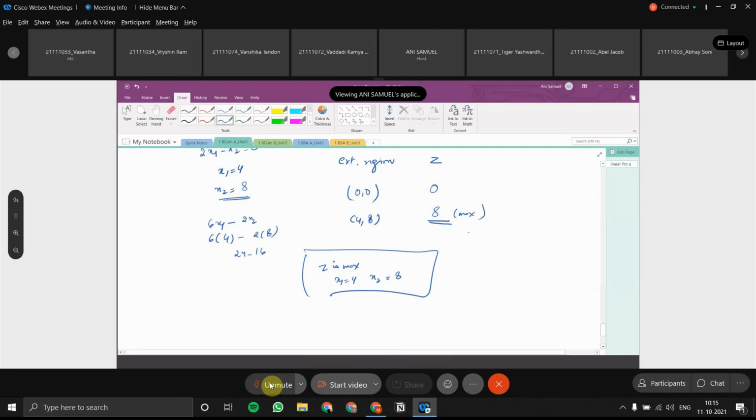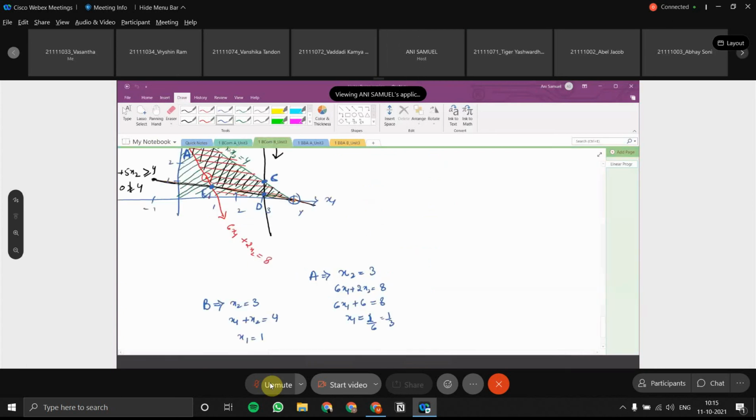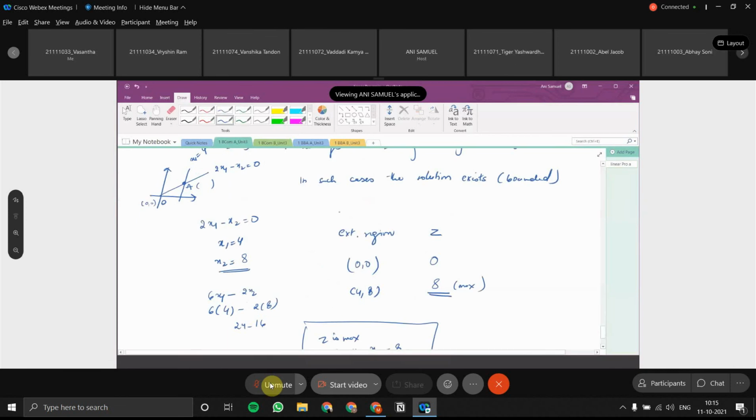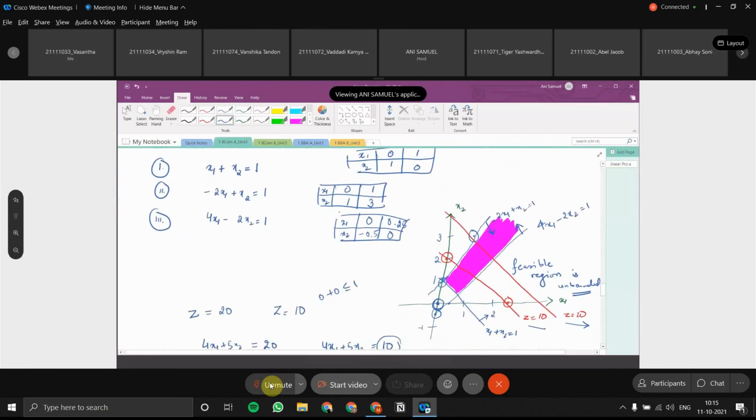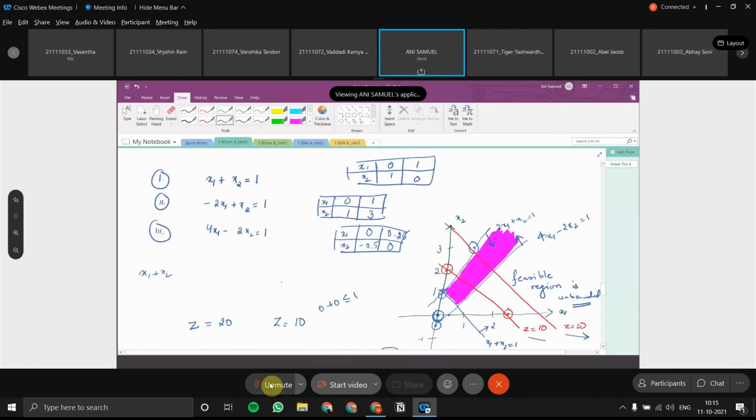Okay, I'll once again tell how it is. Just give me a minute. Let's take this example: x1 plus x2 is greater than or equal to 1.